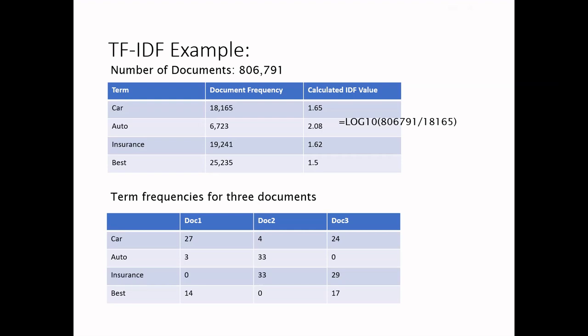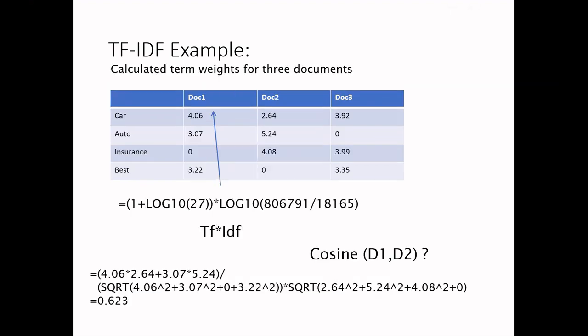And then once you look at the term frequencies for these 4 terms in 3 documents, document 1, 2, and 3, and let us say those are the numbers that are given to us, then what we can do is calculate the weights that will be assigned to these terms.